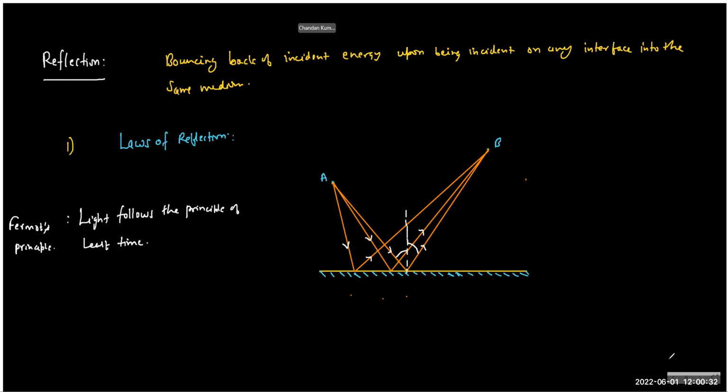So for example, if we have a plane mirror, let's say this is a plane mirror, and let's call there are two points A and B. So let's drop a perpendicular first of all.